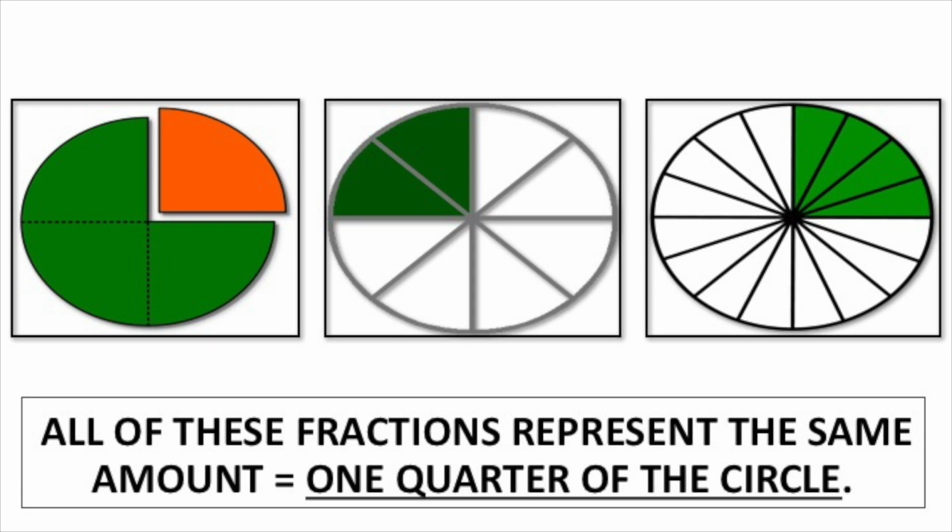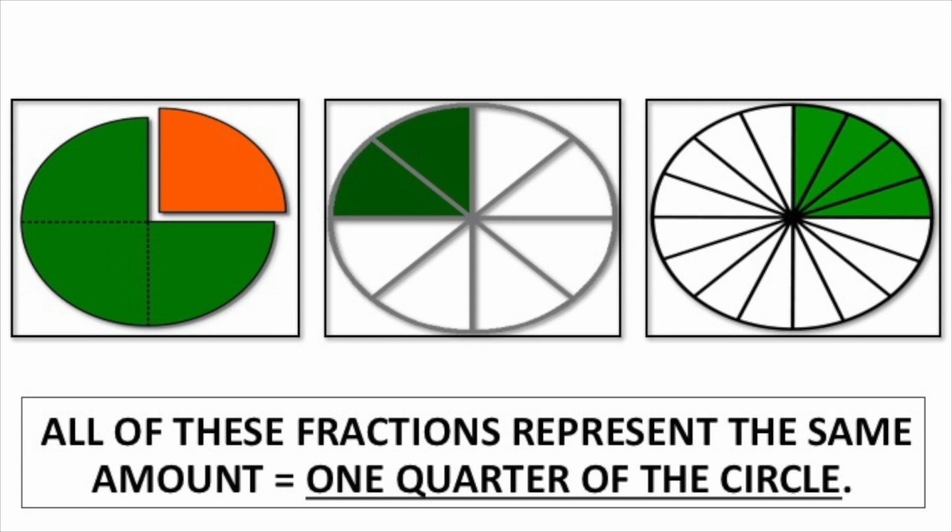Yes. 1 over 4, 2 over 8, 4 over 16. They all represent 1/4 of the circle. So we can say all of these fractions represent the same amount, 1/4 of the circle.